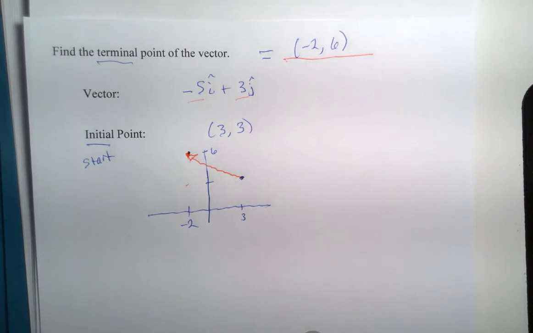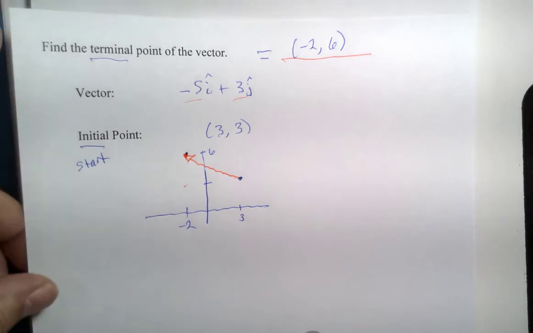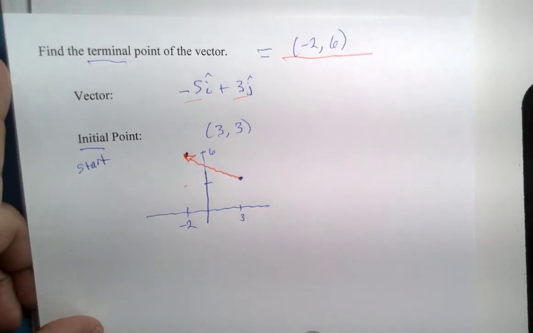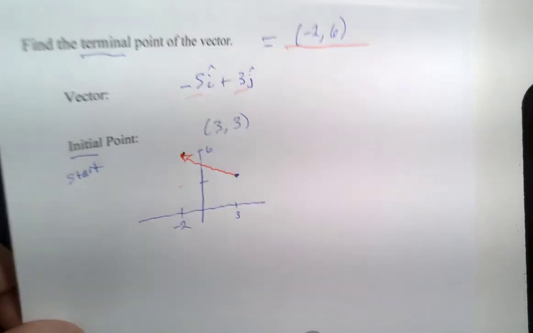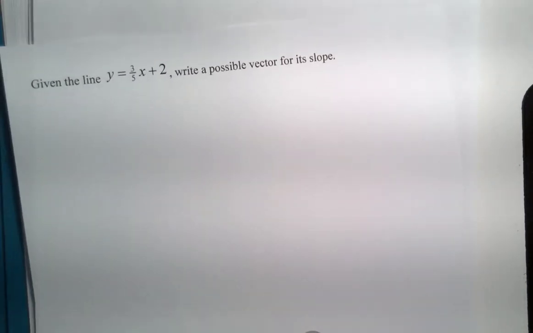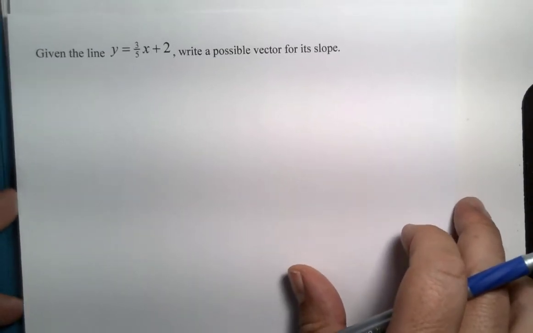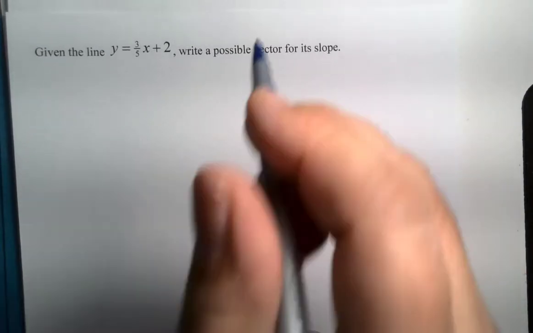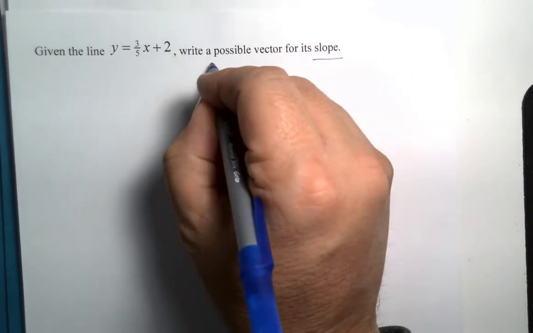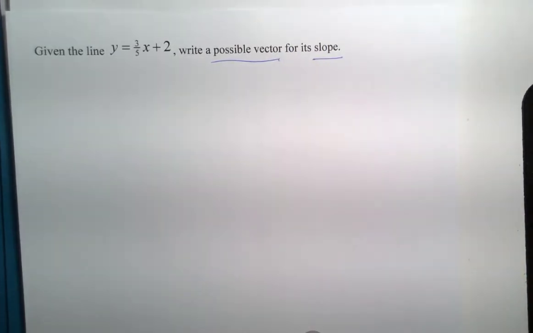All right, one more quick little mini vector item. Remember, you have a pause button. Use it if you need to. All right, here we go. Given a line or an equation of a line, could we convert its slope into a vector?